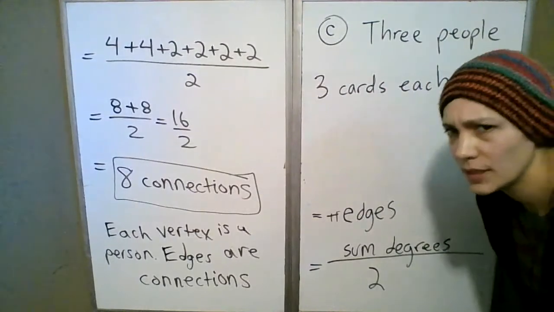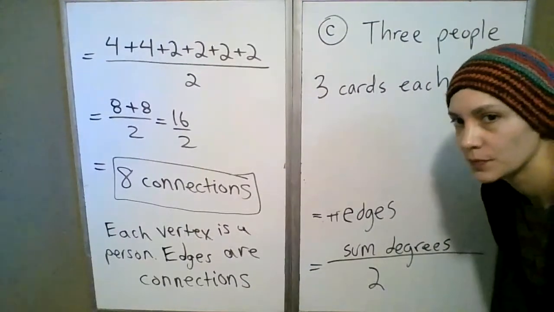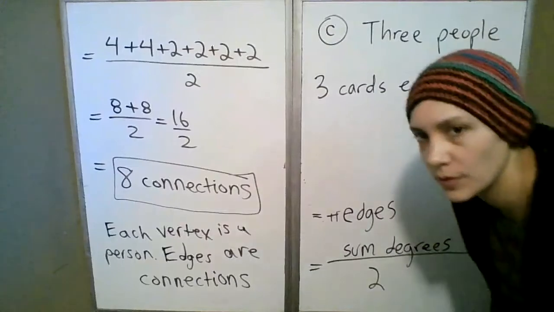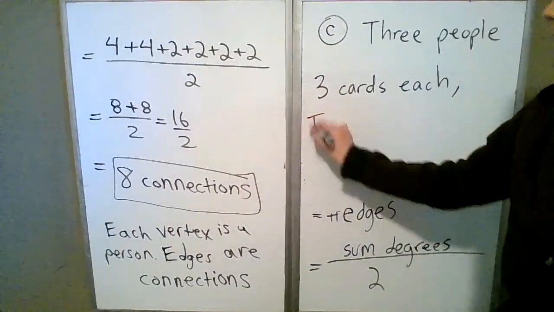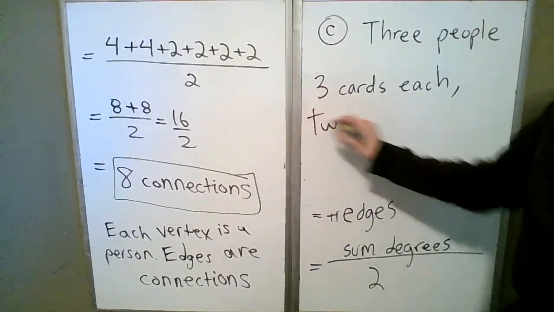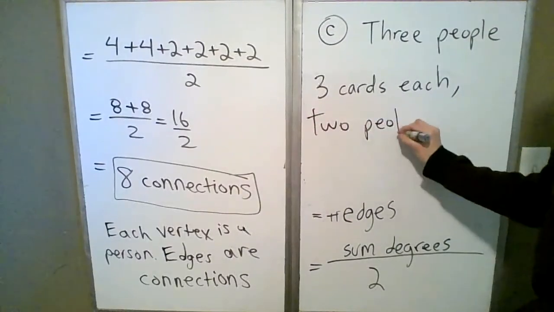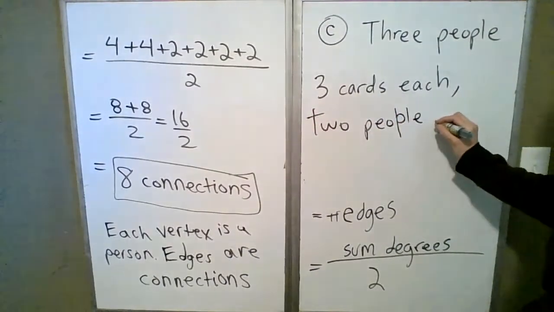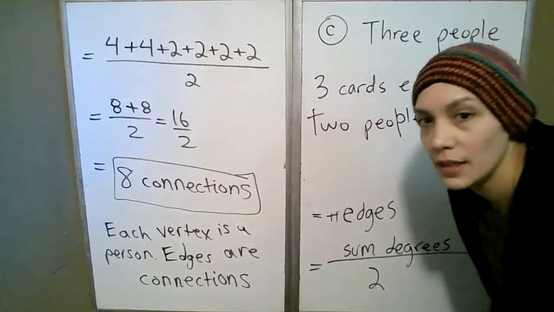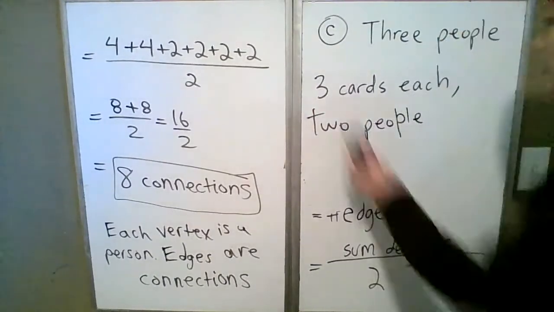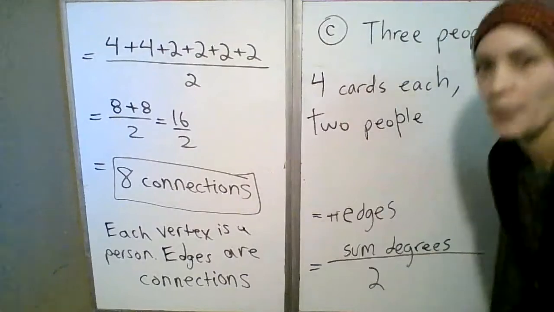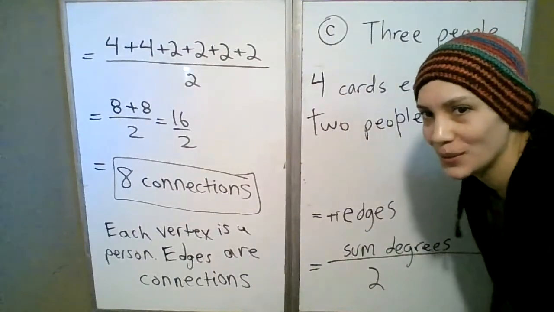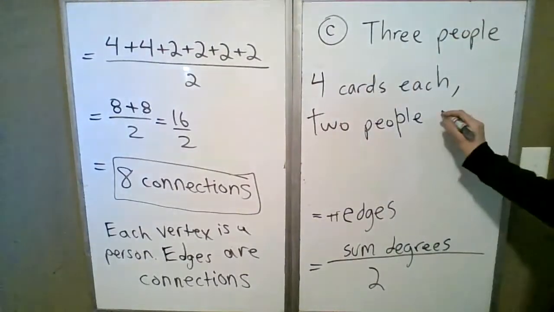2 people get 2 cards. 2 people get 3 cards. Something's wrong. 3 people get 4. There's 2 people who get 3 cards.